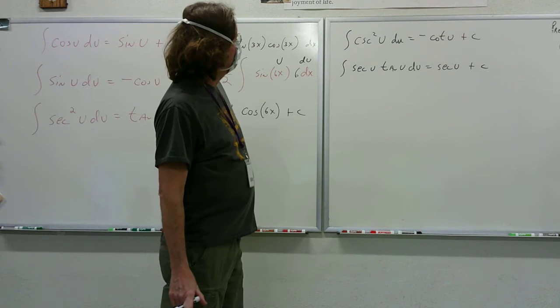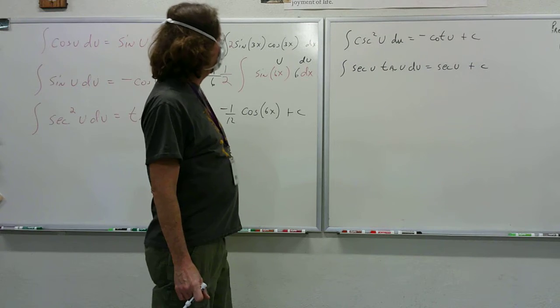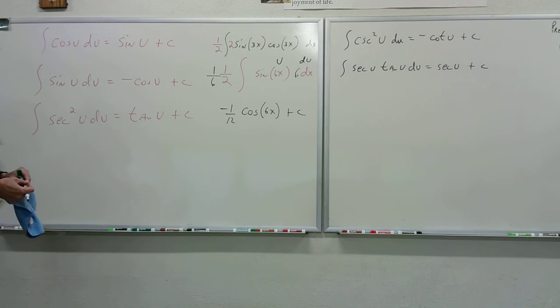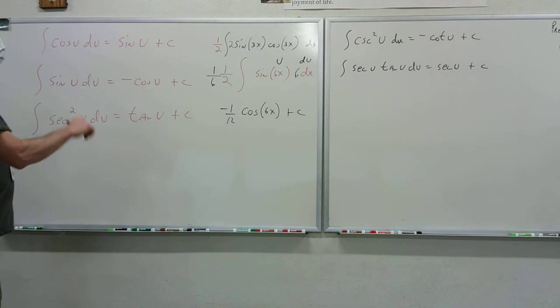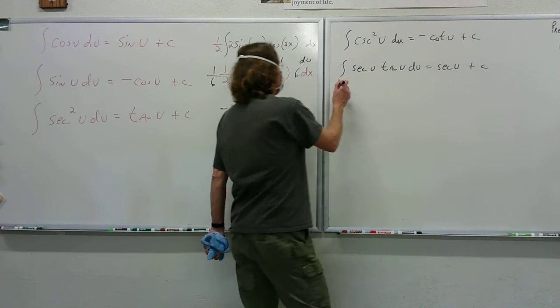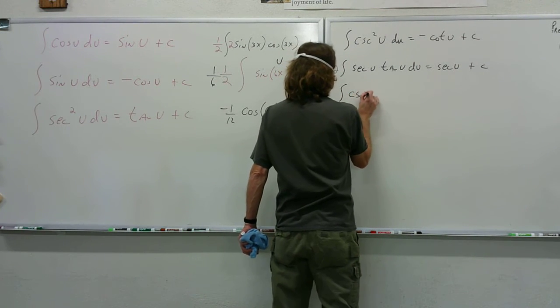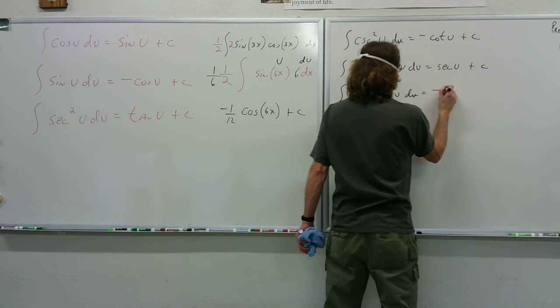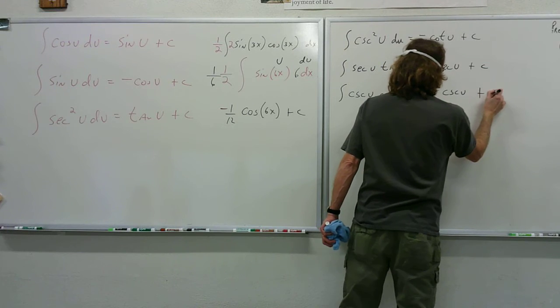Secant, tangent. Yeah, I'm going to remember my derivative rules. And then the integral of cosecant u cotangent u du is equal to negative cosecant u plus c.